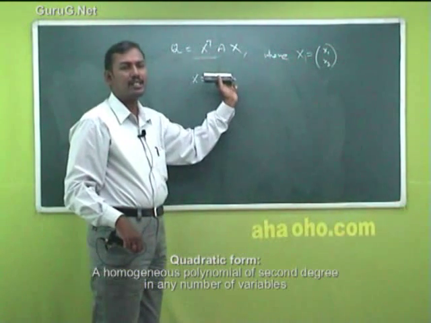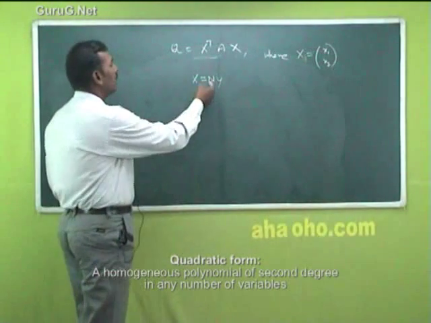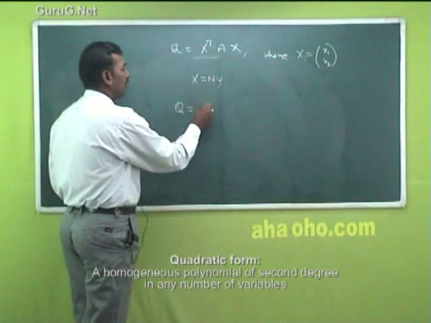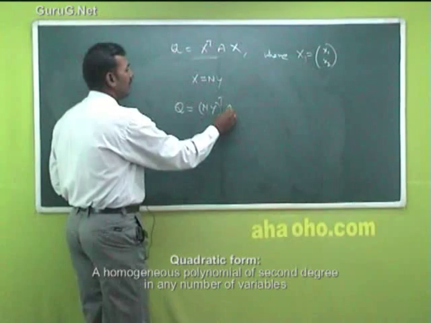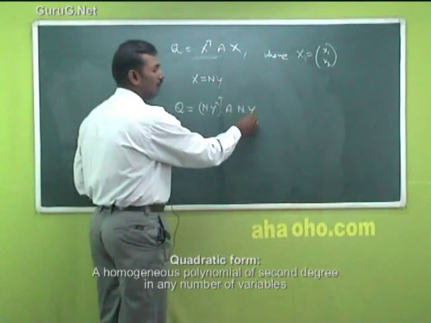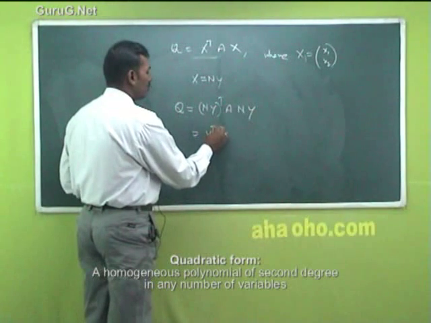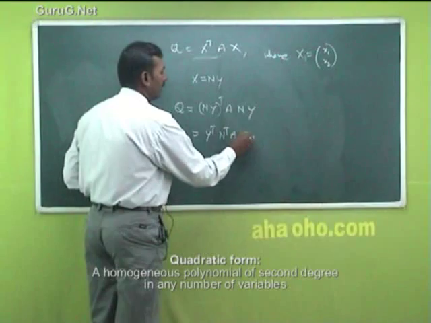If it is an n by n matrix, x1, x2, up to xn. So you replace it, and you get ny transpose A ny, that is y transpose n transpose A ny.